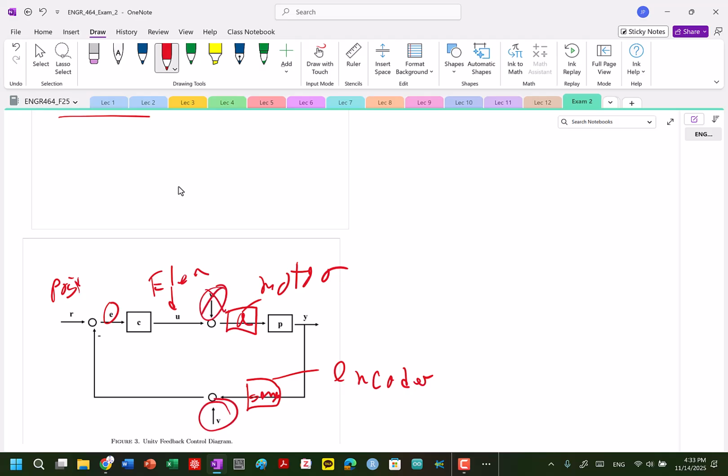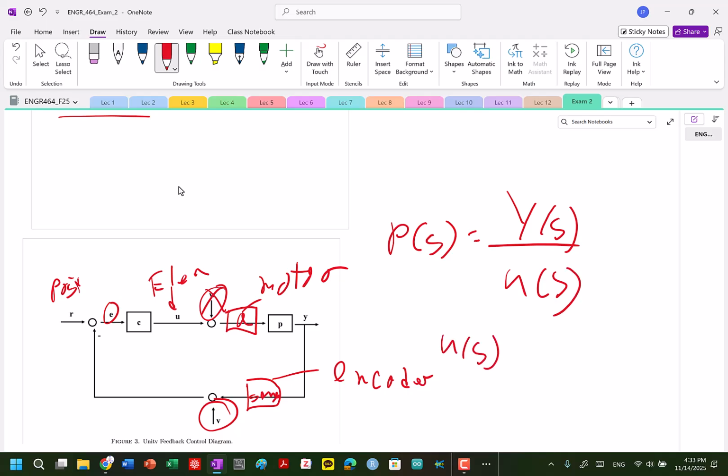My plant function is equal to the output, my y of s, over my input, my u of s. And we can expand it out even a bit. My c of s is equal to my output u of s over my input, which is the e of s.